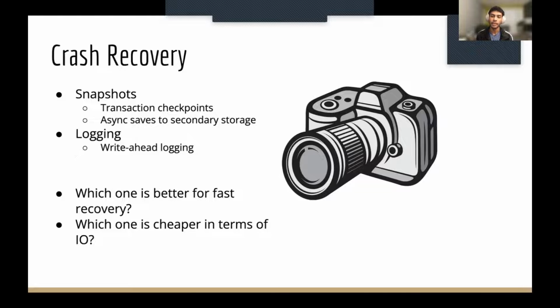But the other option is logging, which is when a transaction's operations are written before they are even applied. This is write-ahead logging, meaning that the operations are already recorded as logs and persisted into secondary storage. The logs hold the logic of the transactions, though, not the data operations.